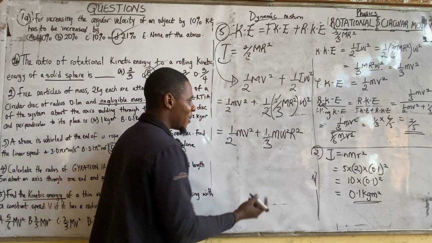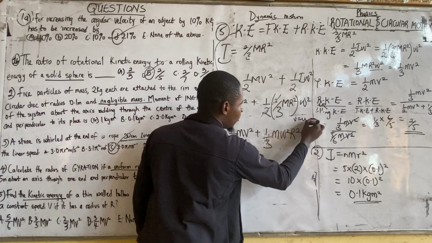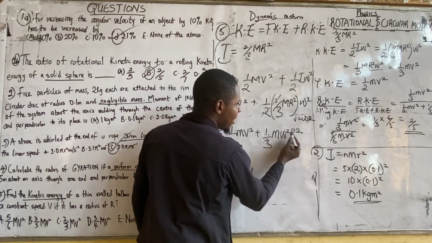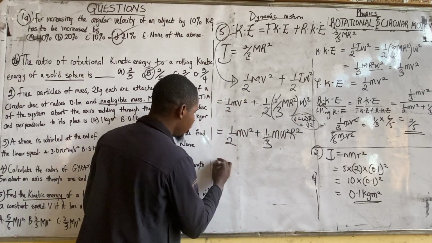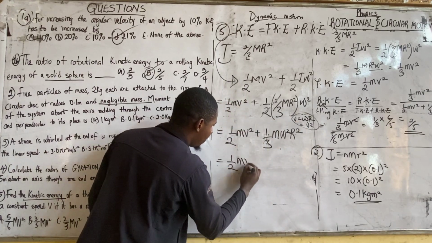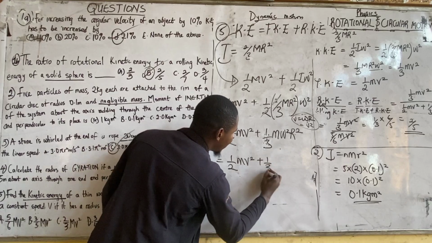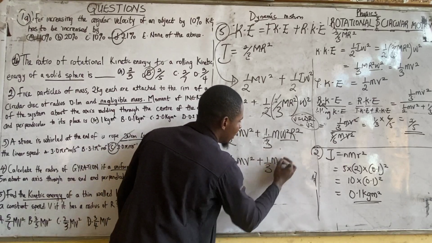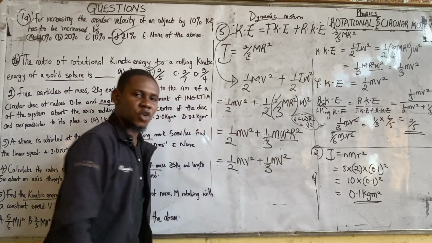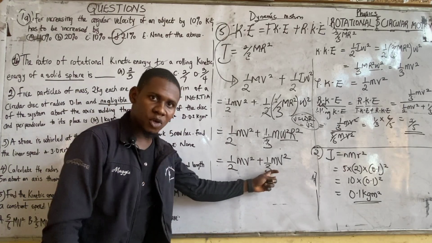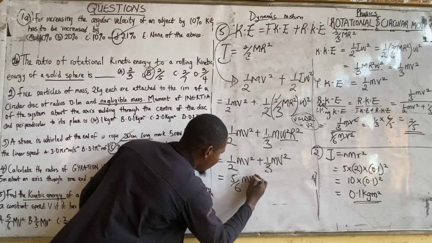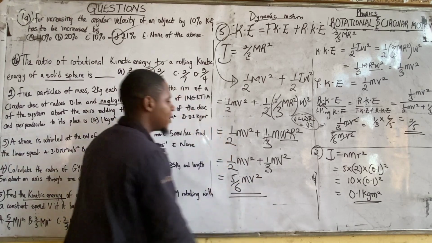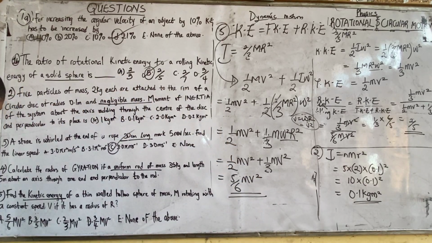Can you still remember that v equals omega r? Therefore, omega squared r squared gives us v squared. So we have 1/2 mv squared plus 1/3 m v squared. You know how to add fractions. Half plus 1/3 is going to give us 5/6 mv squared. That's the answer, and that happens to be option A.